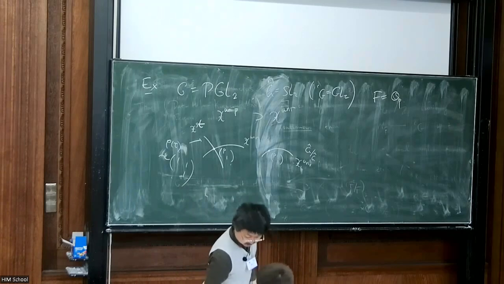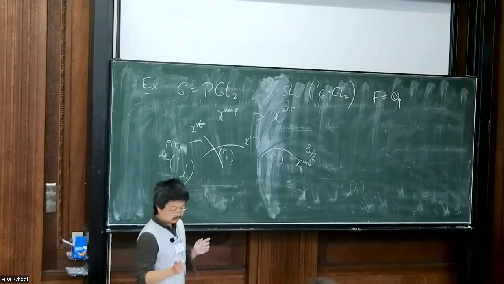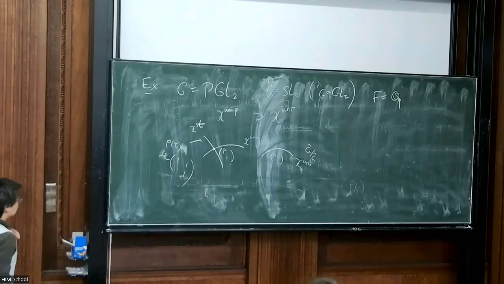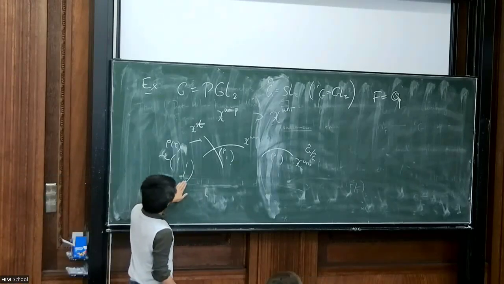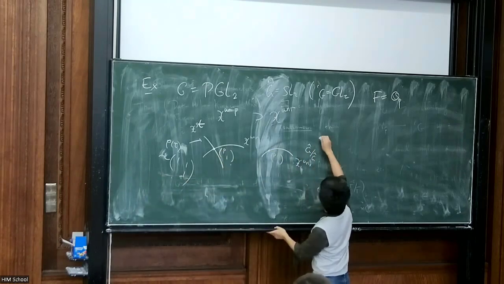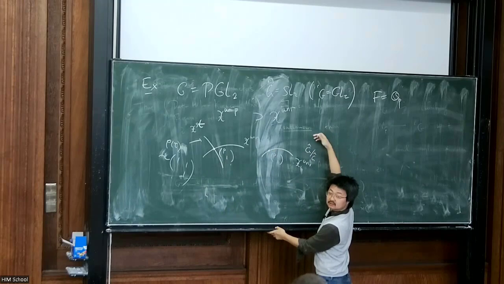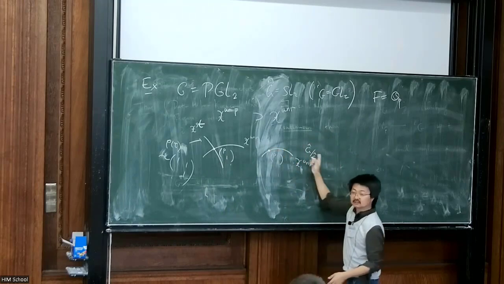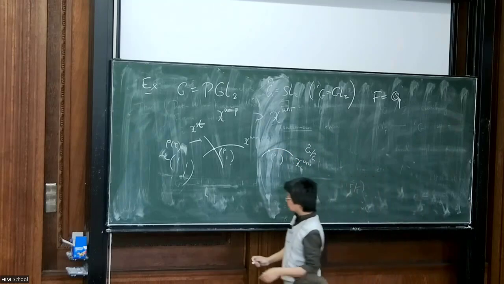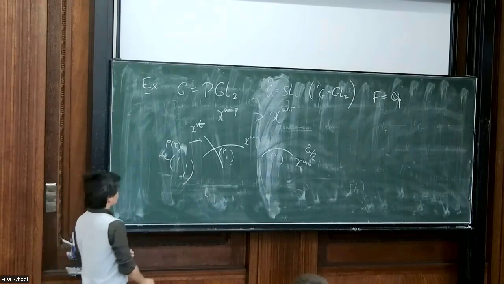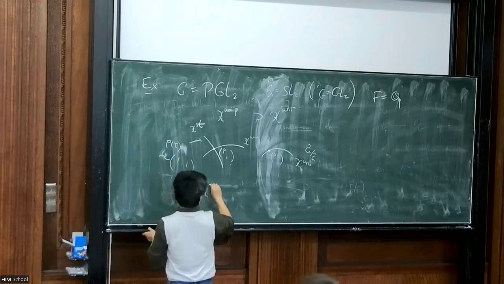P1 is a matrix, right? Inside this is G hat, it's like a 2x2 matrix. There's a particular point inside here. Okay, so this local geometry really looks like this.